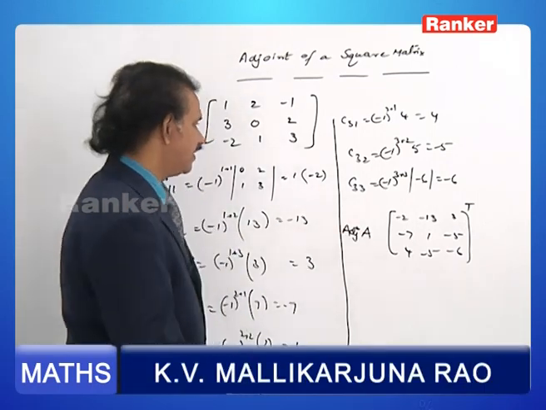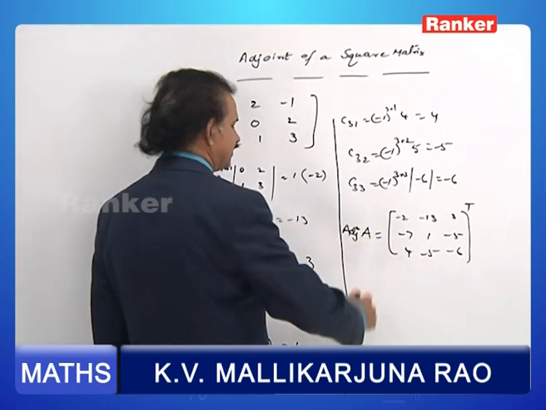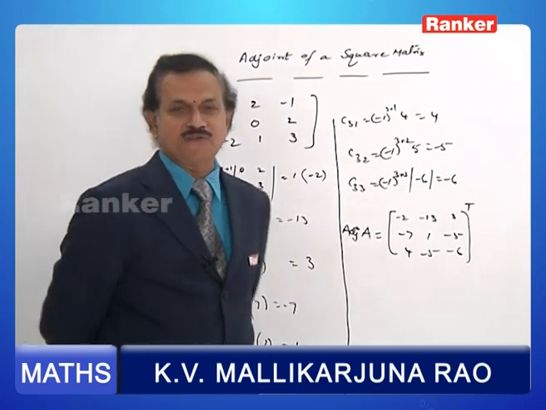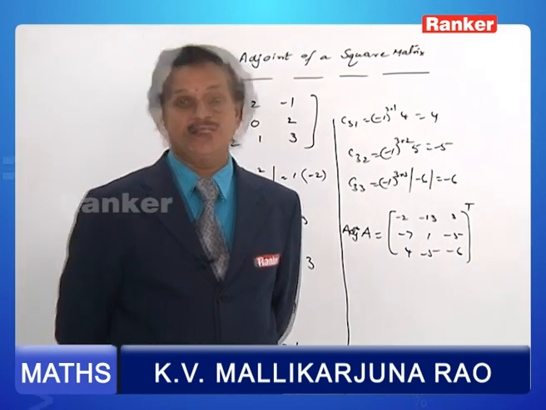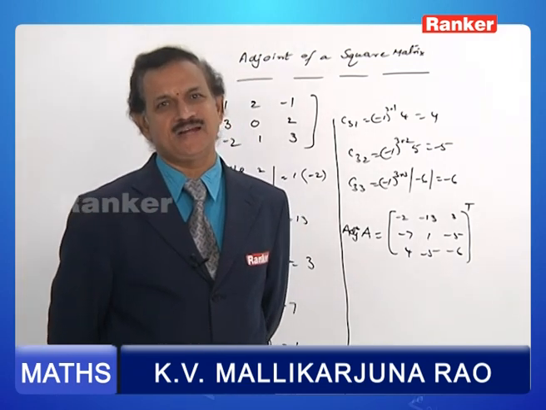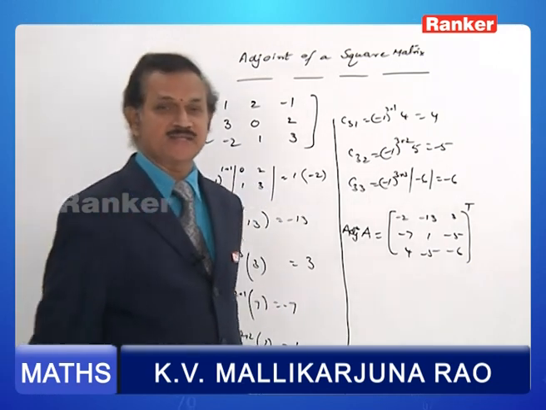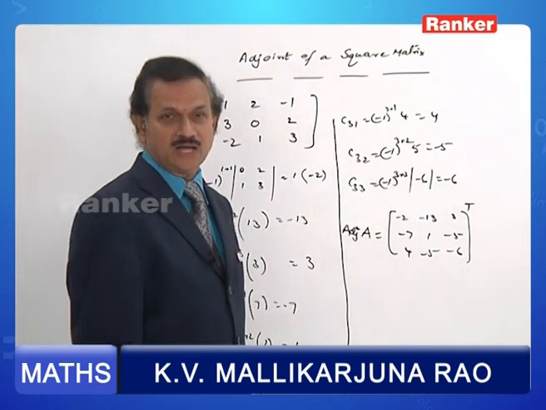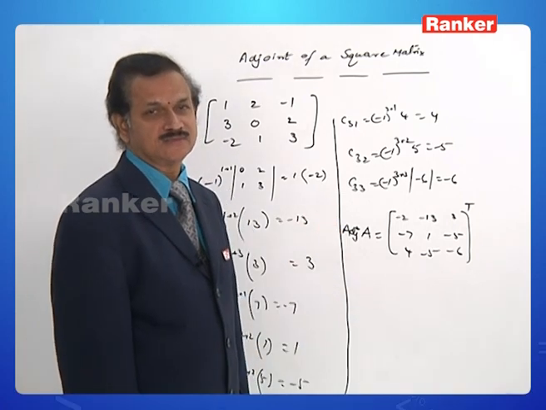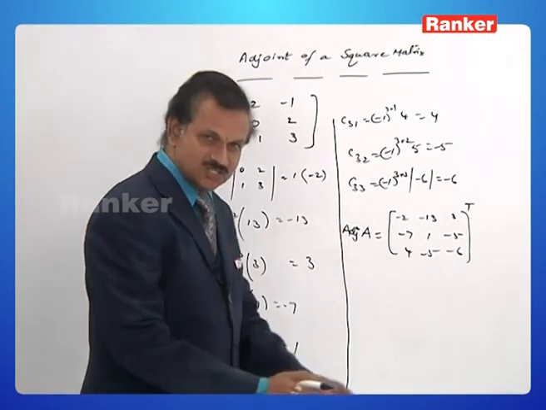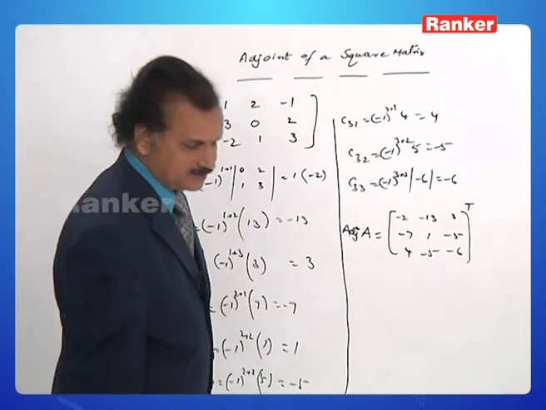So, in what way can we define the adjoint of a square matrix? Adjoint of a square matrix is the transpose of the matrix obtained by replacing the elements of A by their corresponding cofactors. Isn't it? Well, let us construct that sentence.